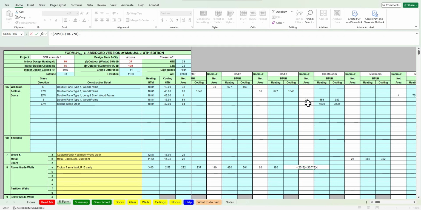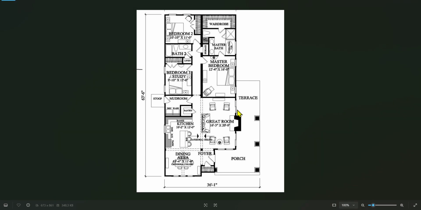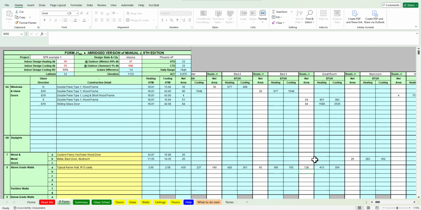Now we need to subtract this window and this window. All right, because we have here these sliding glass doors. Sorry, not windows, but sliding glass doors. And then here, these are windows. We need to subtract those because they are already being accounted for. Let me clarify. I'm subtracting them because when I populated this area, it's the area of the window or area of the sliding glass door.